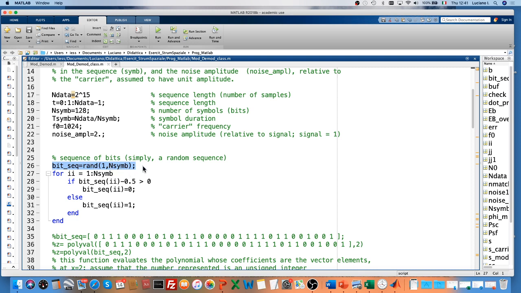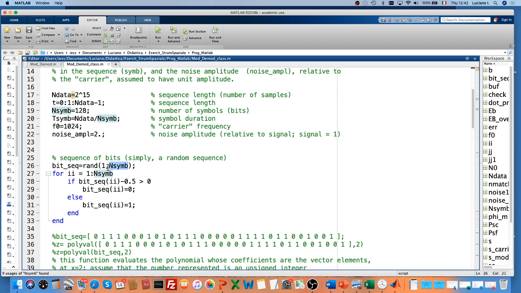So this is a sequence of, in our case, 128 symbols. I construct a sequence of 128 bits by taking the output of this function rand.